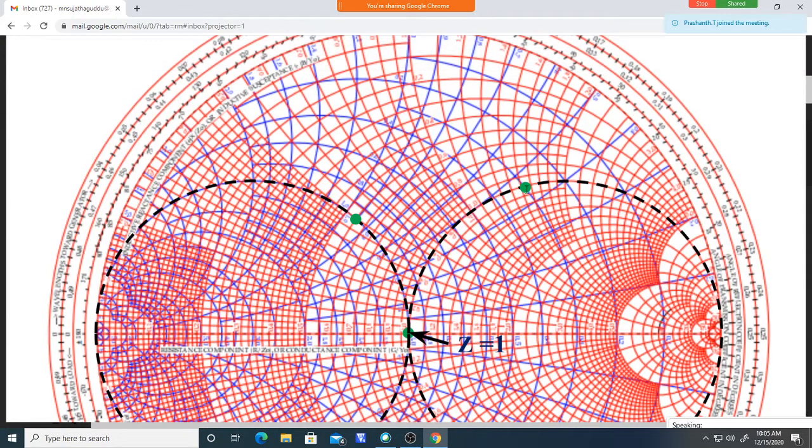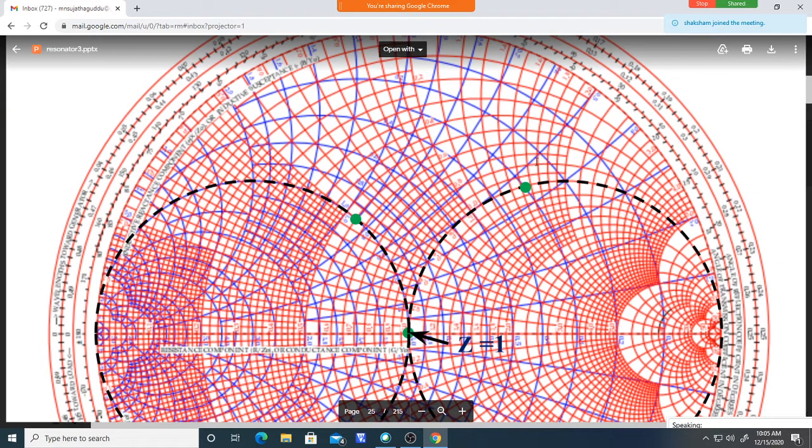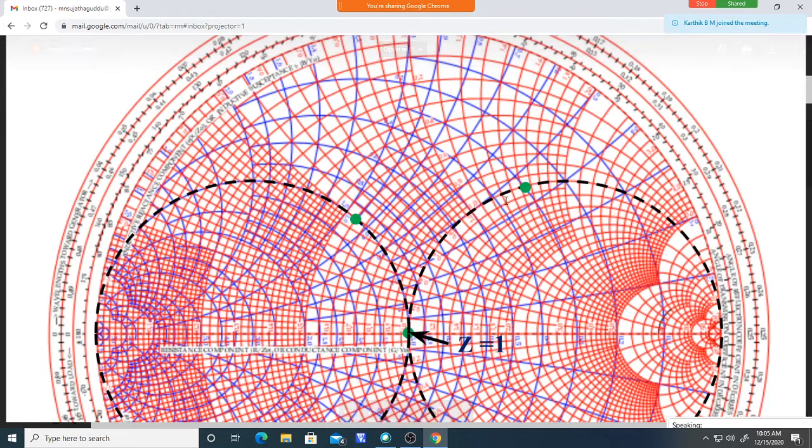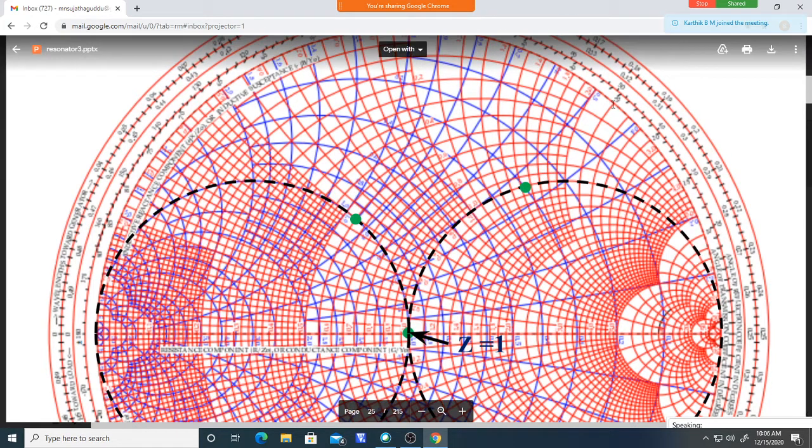Next, you should find the B value at this particular position. These are susceptance circles, and this is also a susceptance circle here. But the circle is not given for all values of B, because they would become very dense. They have given it for 0.5 and 0.4, but the circle passing through this point is not given.